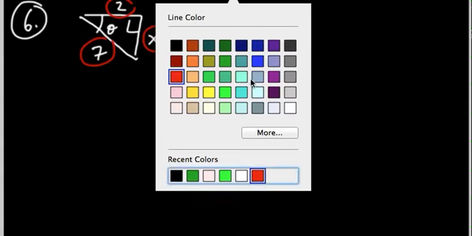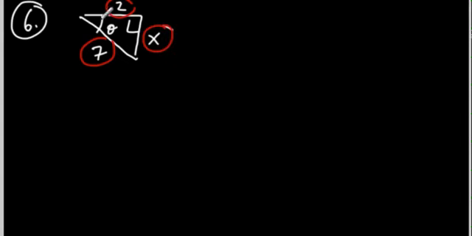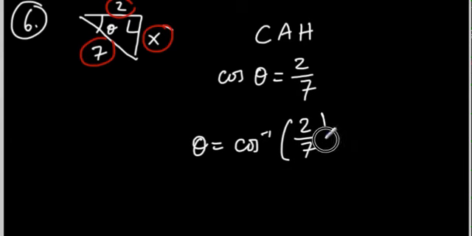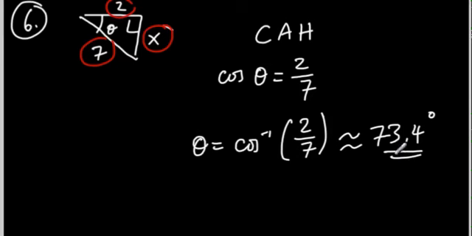In this case, the adjacent is 2 and the hypotenuse is 7. So that's CAH. We could have just used cos theta is 2 over 7. So theta is cos inverse of 2 over 7, which is approximately equal to 73.4.